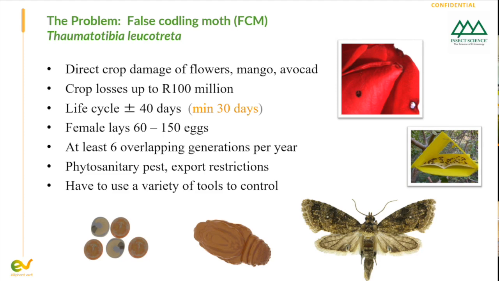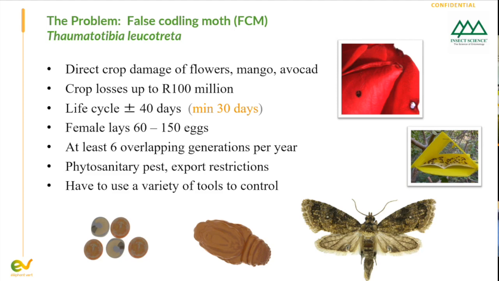It has a very quick life cycle, and at temperatures above 25 degrees, at about 26 degrees, its life cycle can be as short as 30 days. The female also lays many eggs and can lay between 60 and 150 female eggs in its lifetime, and that causes quite a lot of generations per year.